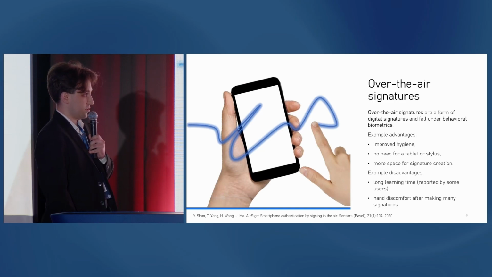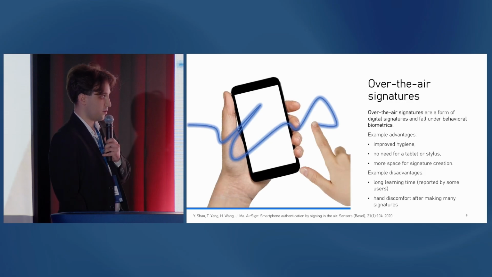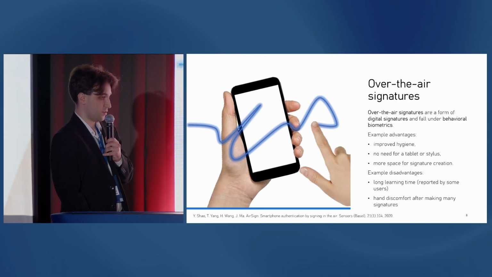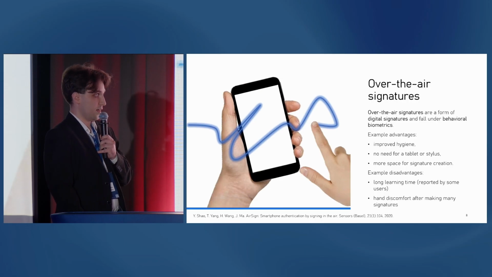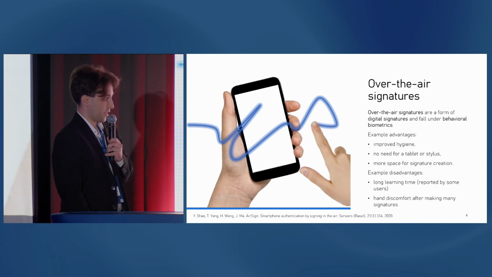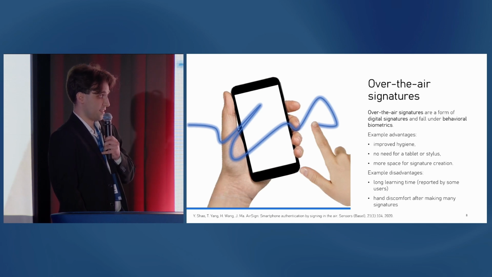Moving on to the main topic. What is an over-the-air signature? It's a digital signature, and it is a broad definition here, as a digital signature may include all the signatures that can be digitized. It's an example of behavioral biometrics, as I said.